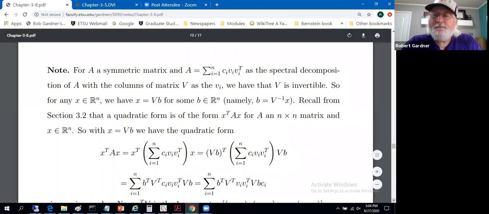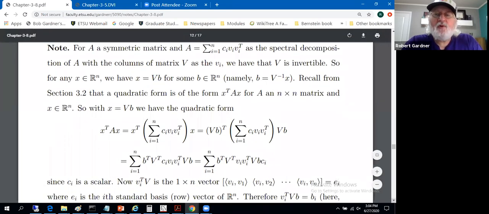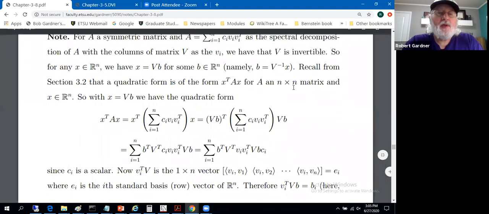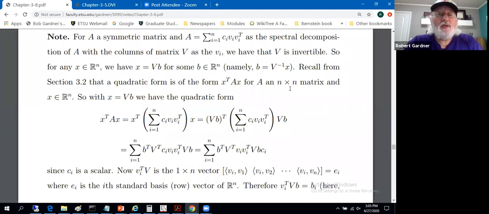We looked at quadratic forms some number of sections back. That was a product of the form X transpose AX. We did only do that for square matrices. We saw ultimately that without loss of generality, we can assume these are symmetric matrices.